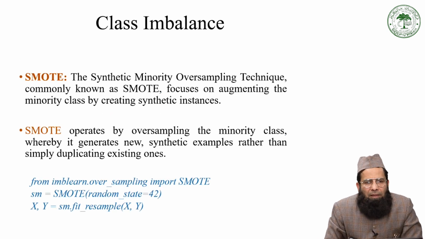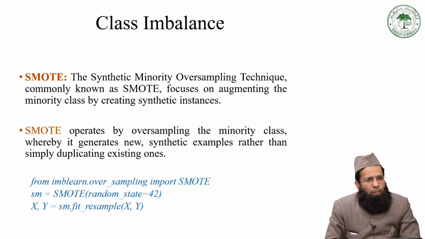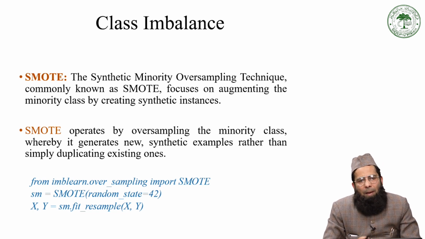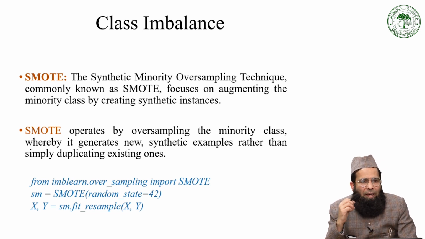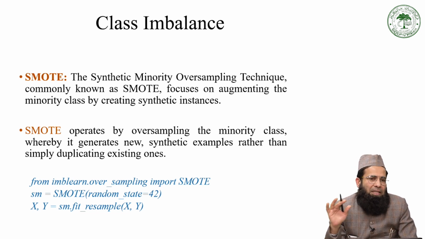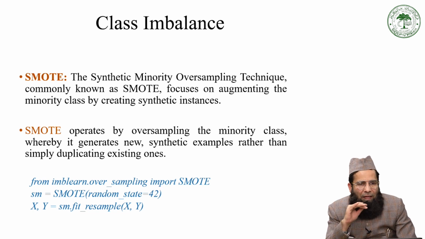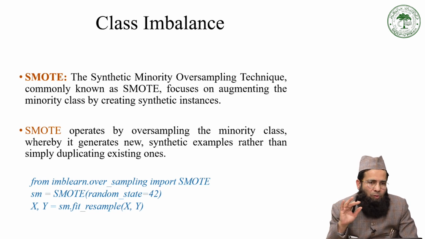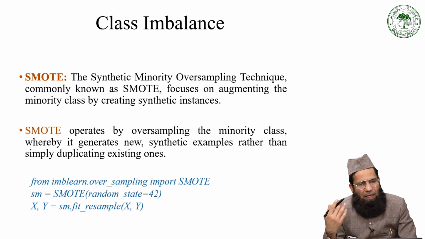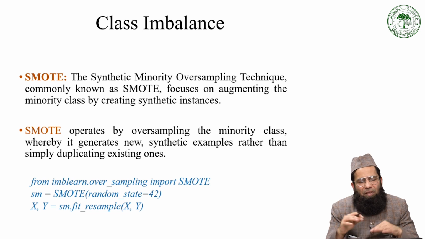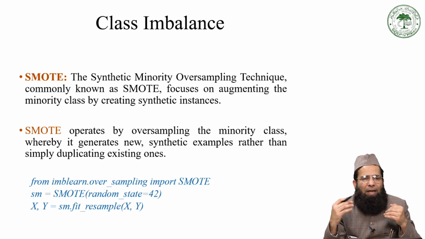In this way, we can use undersampling. The next technique is SMOTE, which is a very popular technique. It is called the synthetic minority oversampling technique, commonly known as SMOTE. It focuses on augmenting the minority class by creating synthetic instances. It operates by oversampling the minority class, whereby it generates new synthetic examples or records rather than simply duplicating existing ones.